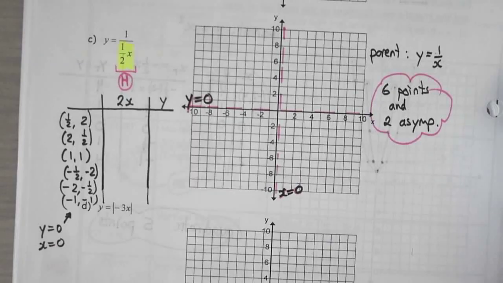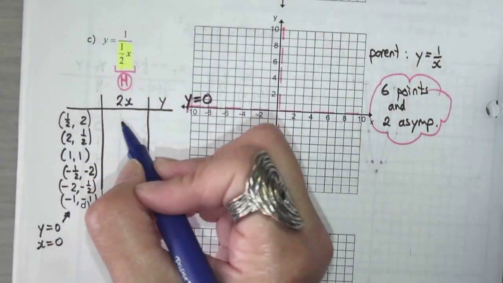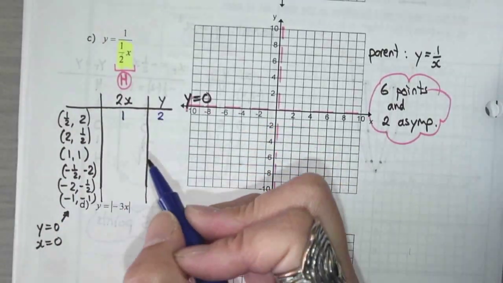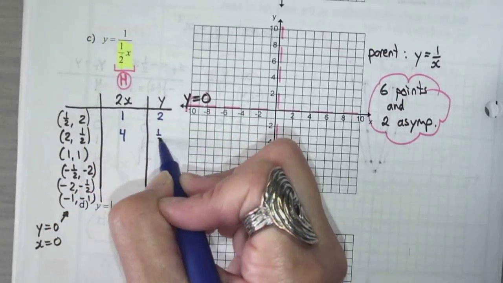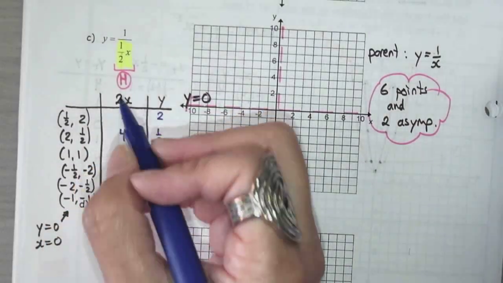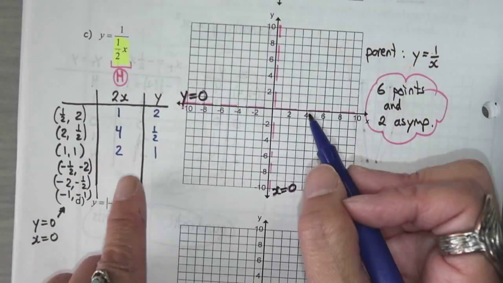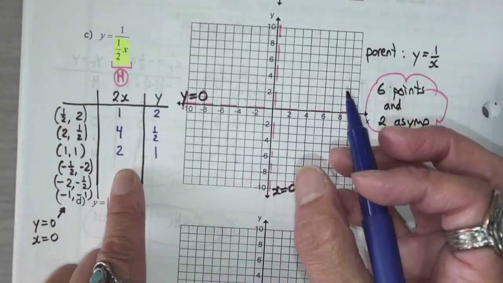Okay, take each one of the points and put them in. So 2 times 1/2 is 1. 2 goes in here. 2 times 2 is 4, and that's 1/2. 1 goes in, so it's 2 and 1. Those are 3 points. So if you want, you can pause and plot those for a second, because that's part of my graph already.